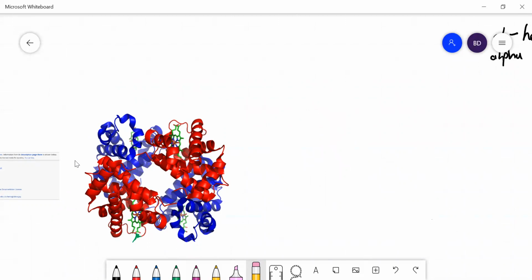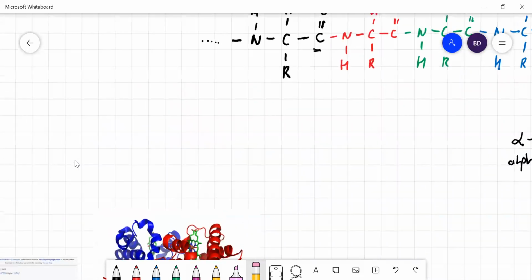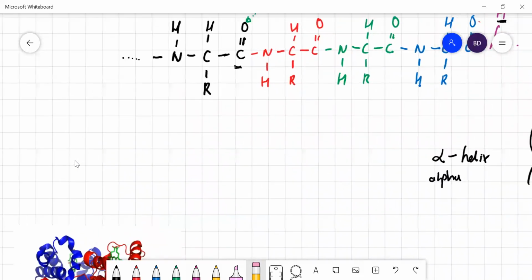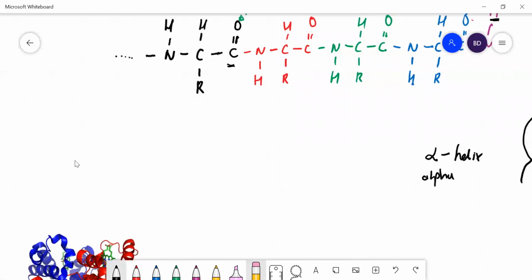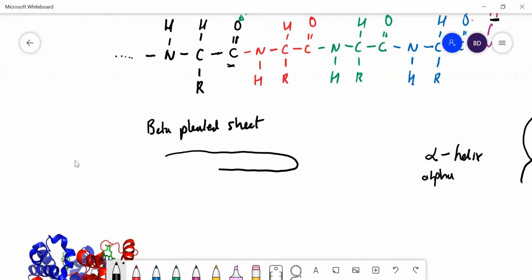But another very common thing you get in proteins is something called the beta sheet, or the beta pleated sheet. And what happens there is, rather than the peptide forming a helix, it sort of doubles back on itself. That may happen several times.